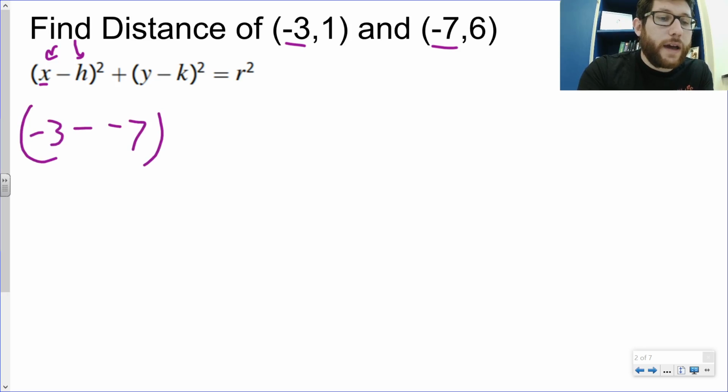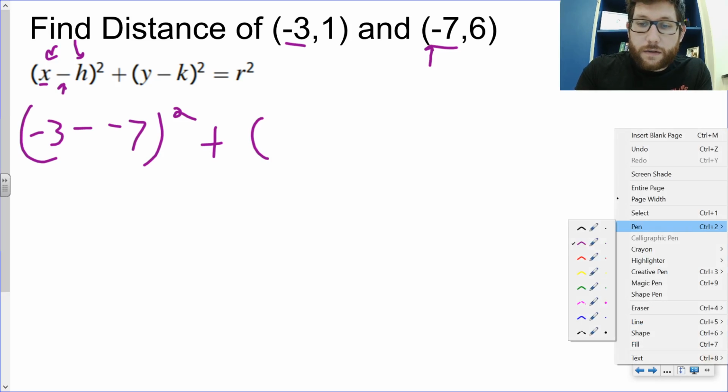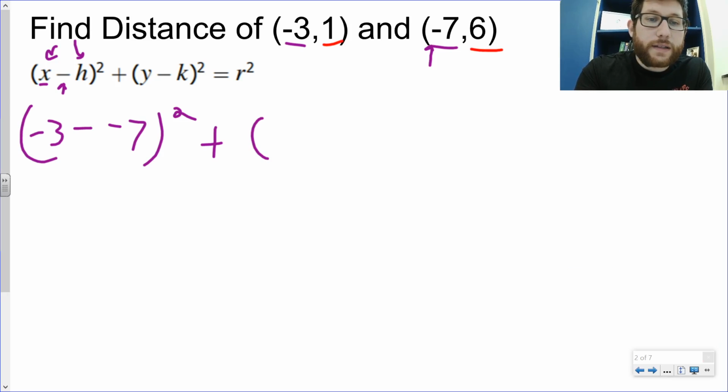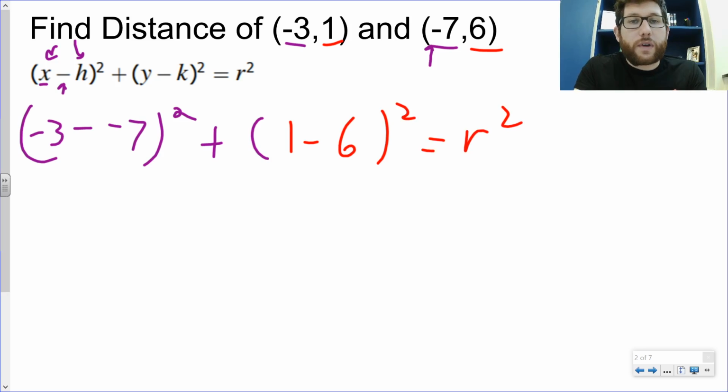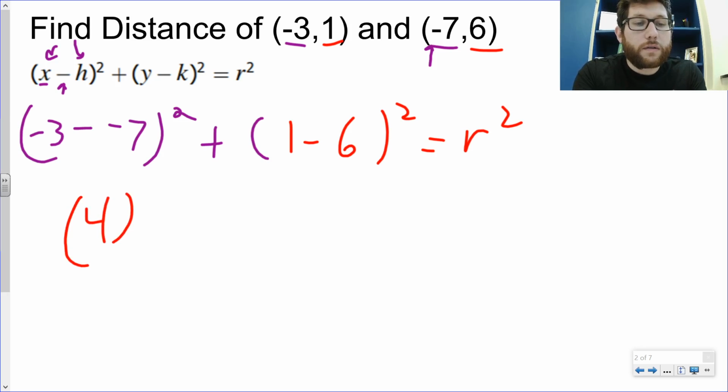Now notice there's 2 minus signs. One comes from the negative 7, one comes from the minus sign. I always have to include the minus sign in my original formula. Plus, all right, now I'm going to do my 2 y values. So let's switch up the colors here. I've got 1 and 6, so 1 minus 6, and this is equal to r squared. Now this is just my a squared plus b squared equals c squared. Instead of doing it on a graph, we're just doing it with points. So negative 3 minus negative 7 comes out to a positive 4 squared, plus 5 squared.